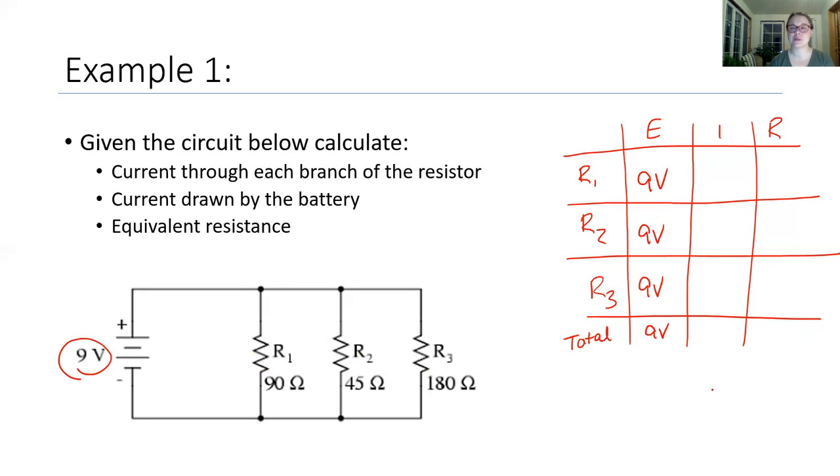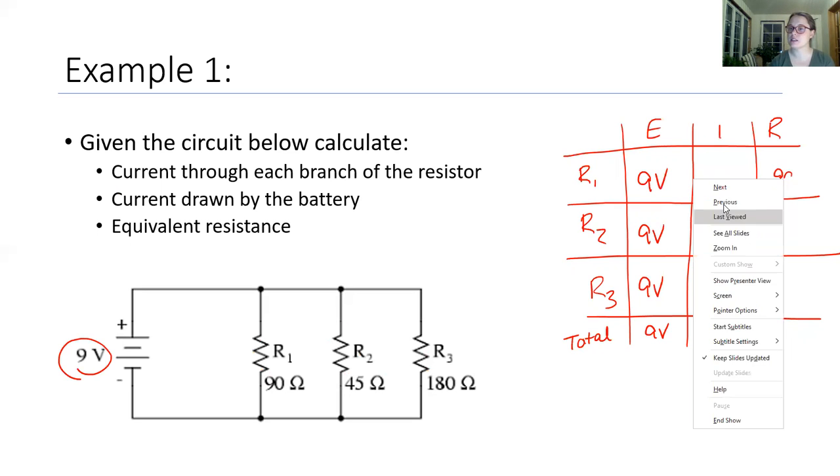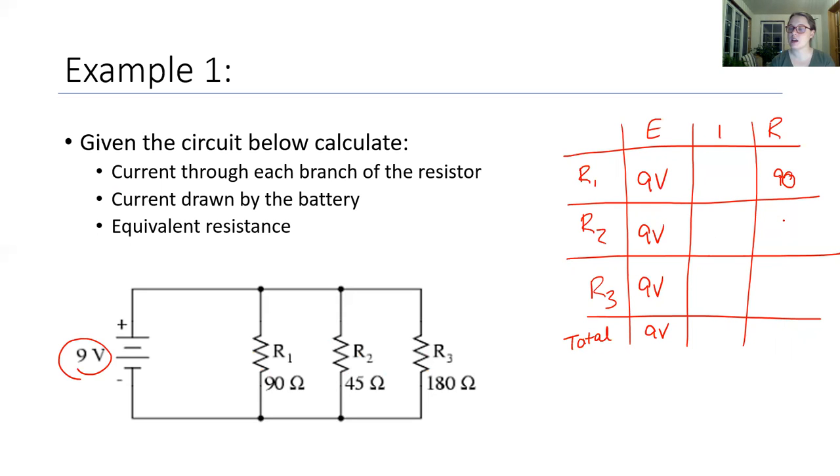Now that we have that, we can fill in our resistances. R1 is 90, then we have 45 and 180. If you'll notice, there's only one piece missing in each row. We can use Ohm's law going across each row.